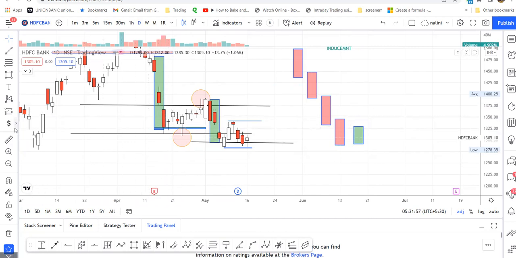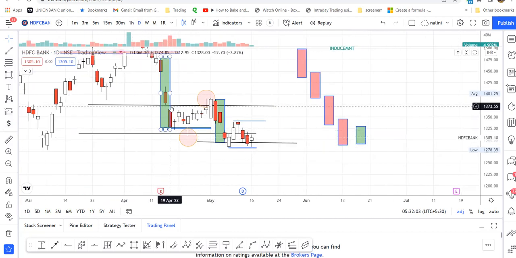So this is the range actually. You have to take this red candle. Red candle high is 1375, and price started moving up, 2 candles up, and then it came down.